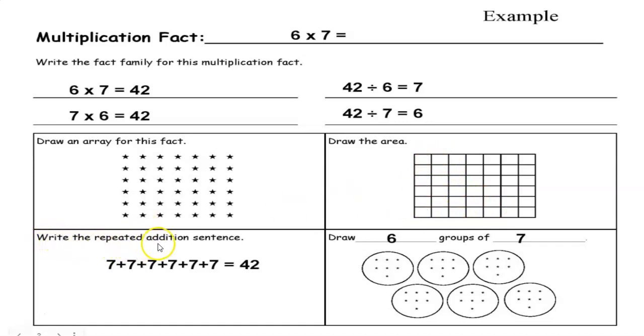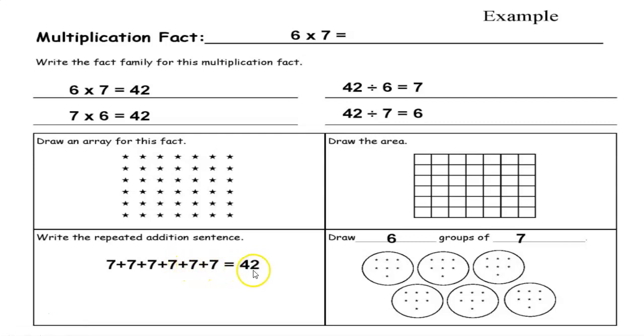When you write with repeated addition, when you have a multiplication fact, you're saying that you're going to add the second factor this many times. So you're going to repeat 6 times the number 7. So here's number 1, number 2, number 3, number 4, number 5, number 6 times that you're repeating and adding the number 7.